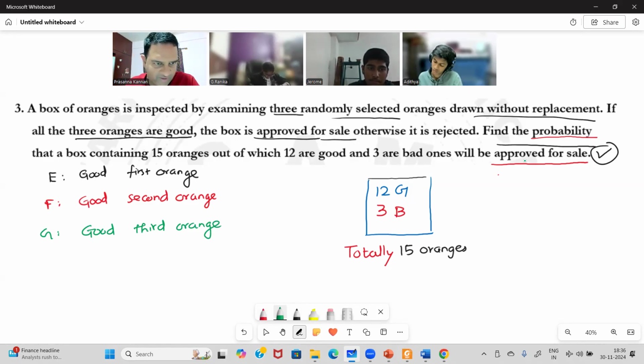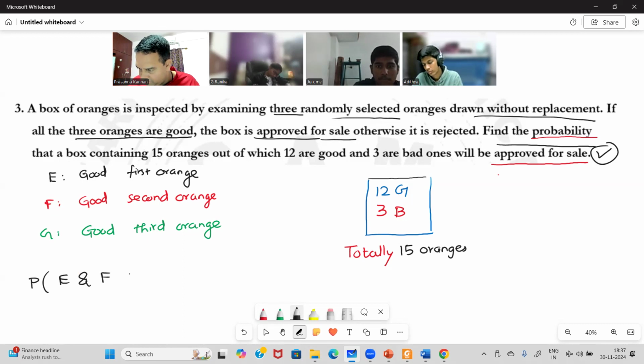Therefore, the box is approved for sale. Correct? So what is the probability for that? So the first orange is good, and the second orange is good, and the third orange is also good. Correct?